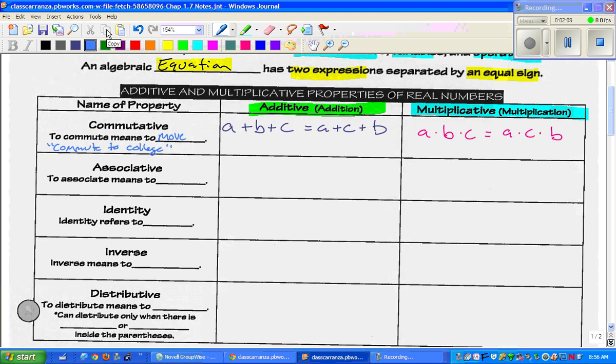Associative, to associate means to group. You might have heard someone say, who do you associate with? Who are your friends? That's what it means. It means your group. So, with addition, you can group things together.